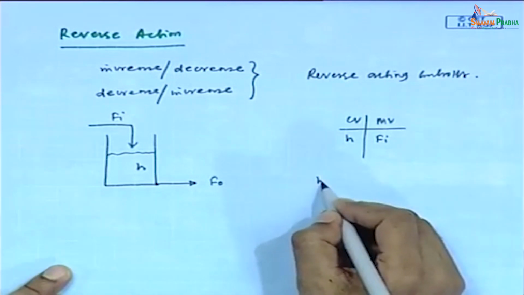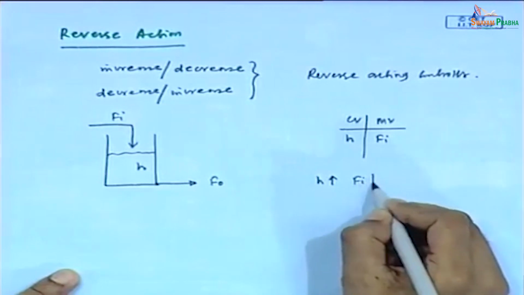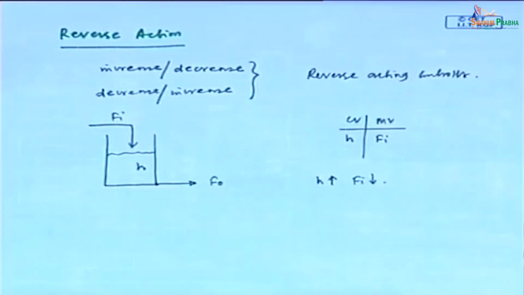You see, if we increase the height, the controller should decrease Fi to maintain the liquid height at its desired value. That means it is reverse acting.